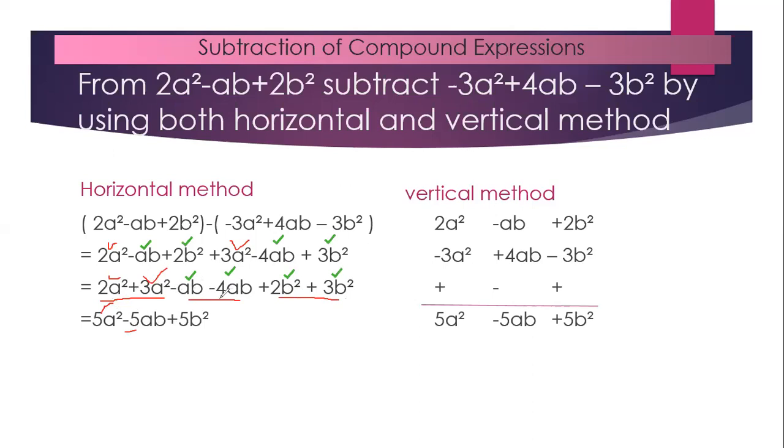Minus 5ab. Now plus 2 plus 3 is plus 5b square. Clear, everybody? Why does the sign of minus come over here? Because both the signs are negative. So we get the sign of negative over there.